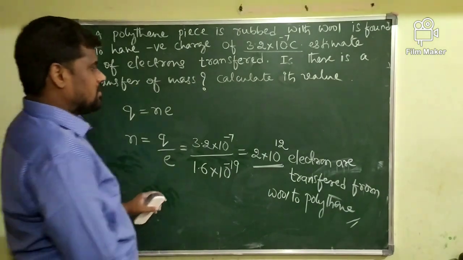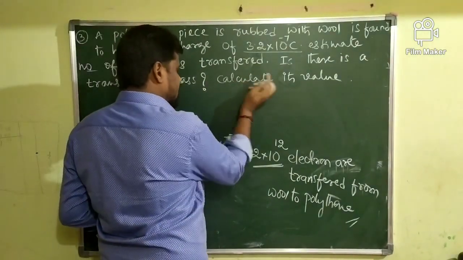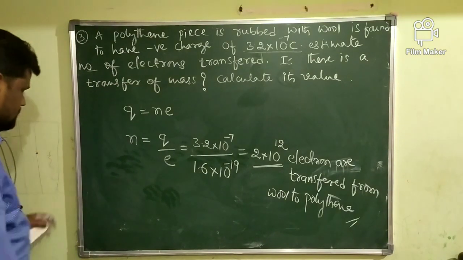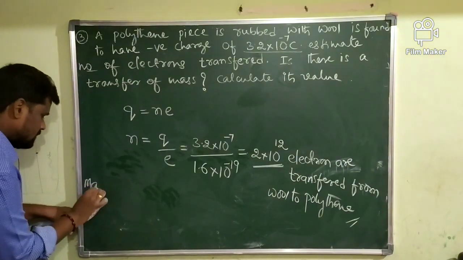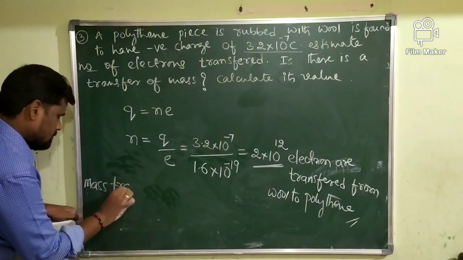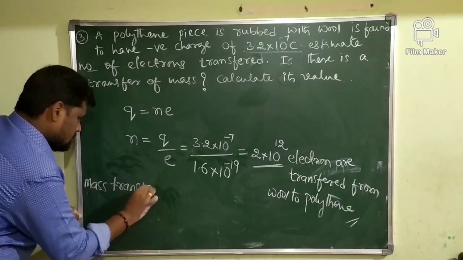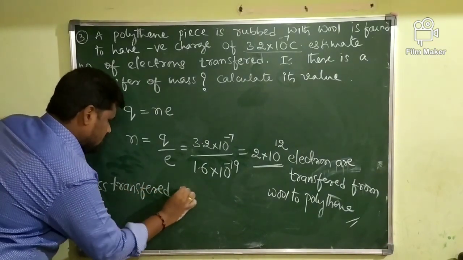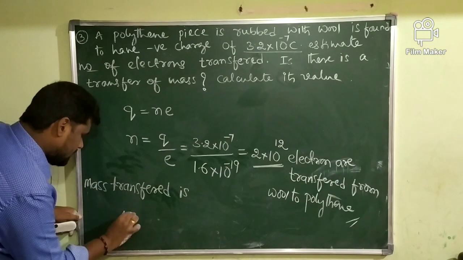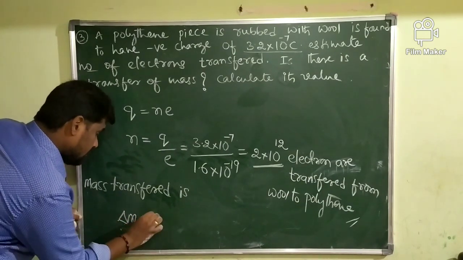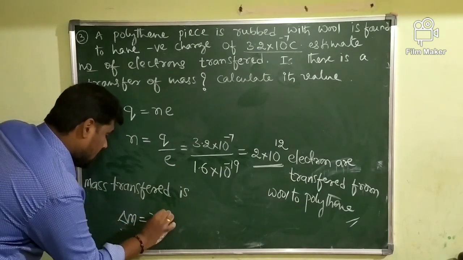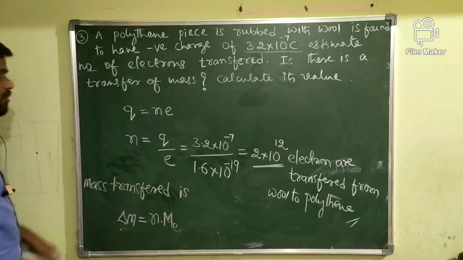What is the total mass transferred? I will call this the mass transferred, delta M, should be equal to N into mass of electron.